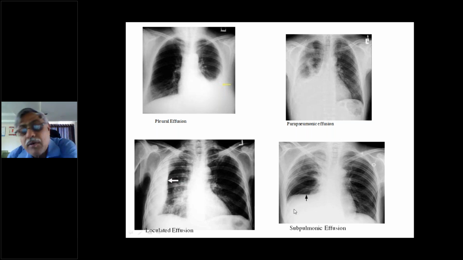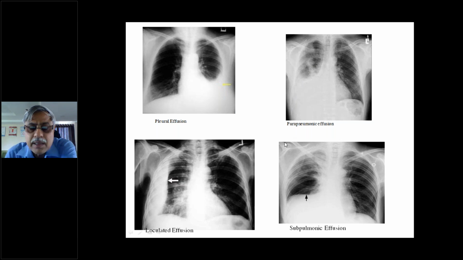So how will you come to know that it's a case of pleural effusion? What is the test actually? Of course, other types of effusion are there. Parapneumonic effusion is there, and along with effusion, there is a pneumonic patch. That is parapneumonic effusion. And I already told you that there is another term known as pneumonic effusion.